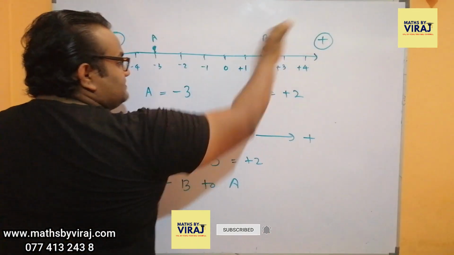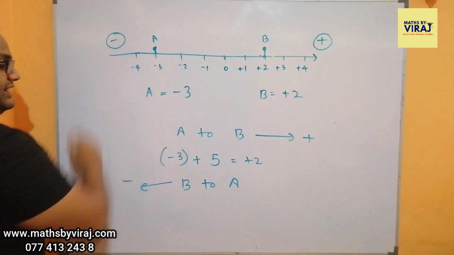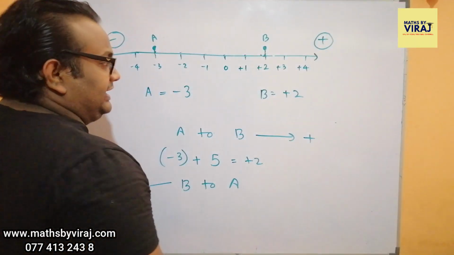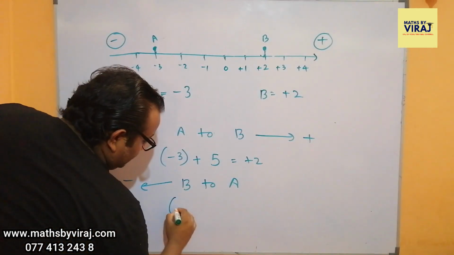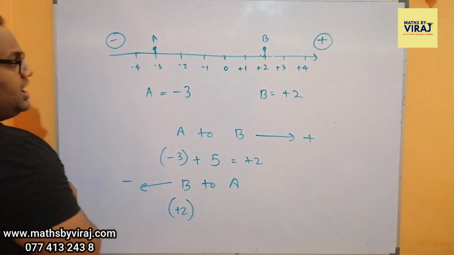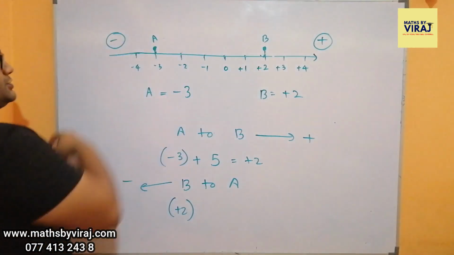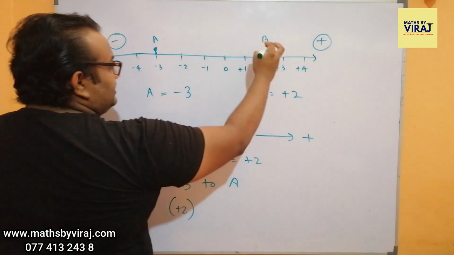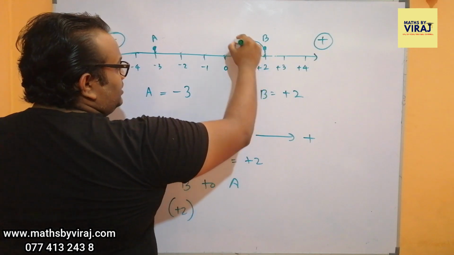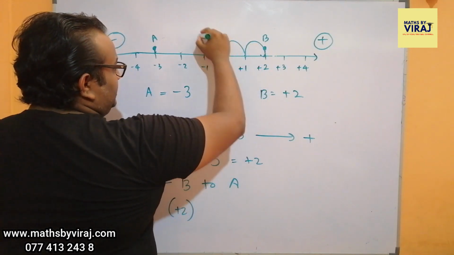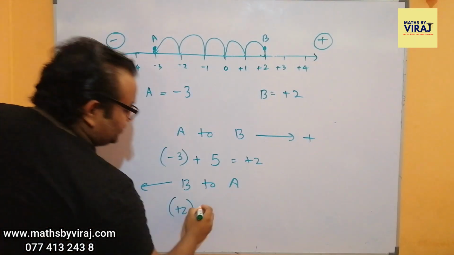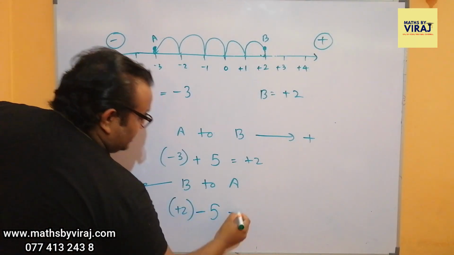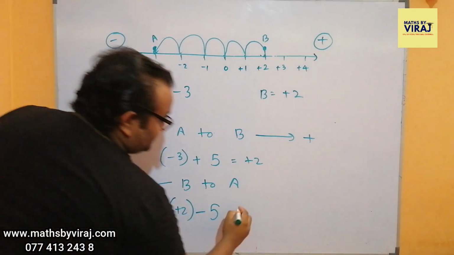If this side is positive, then this side we consider as negative or minus. Therefore, at B I am at plus 2. How many times should I jump so that I will end up in A? Let's see. 1, 2, 3, 4, 5. Therefore, plus 2 minus 5. And what is the value of A?